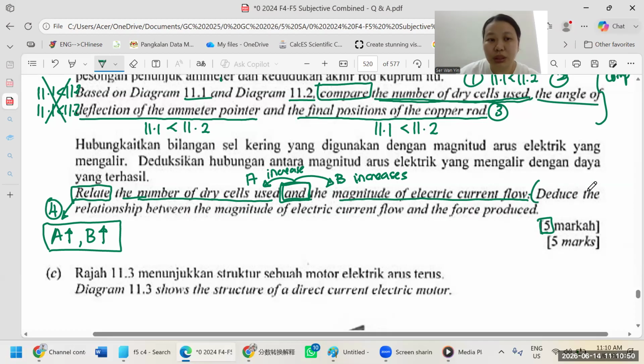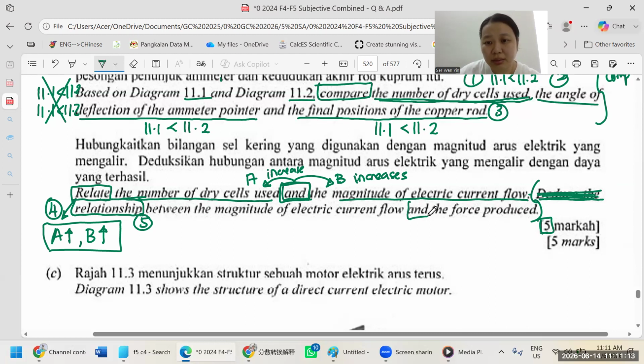Then deduce the relationship between the magnitude of electric current flow and the force produced. Many people would get stuck here and ask, do you deduce a conclusion? No, ignore them. Relate and relationship are the same thing. So this is number 5.